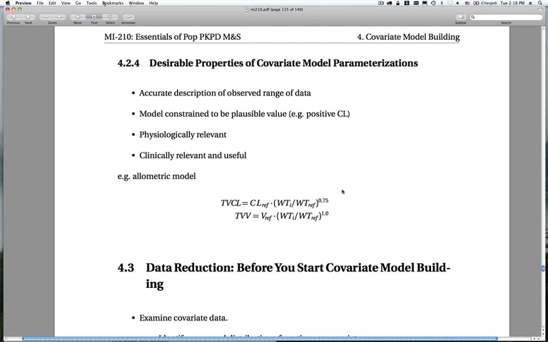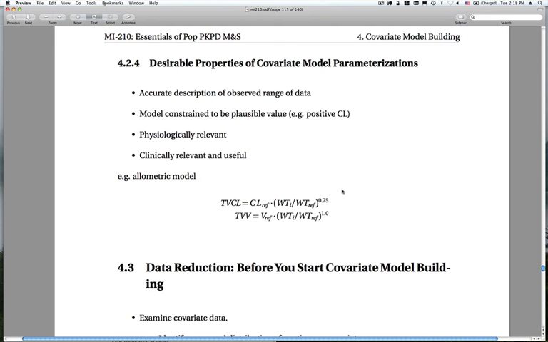Is there some physiologically relevant relationship that could be used? Maybe something that's either theoretically or empirically derived ahead of time. And is it clinically relevant and useful? Are there relationships that have been defined in clinical applications that could be used to describe the covariate parameter relationship?